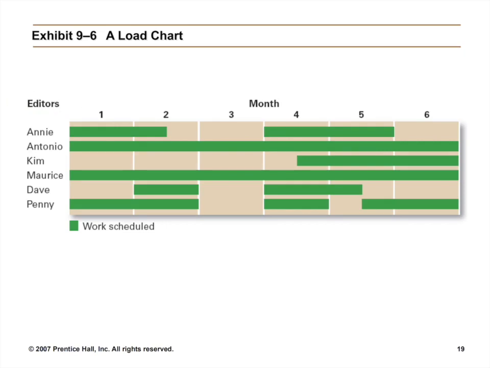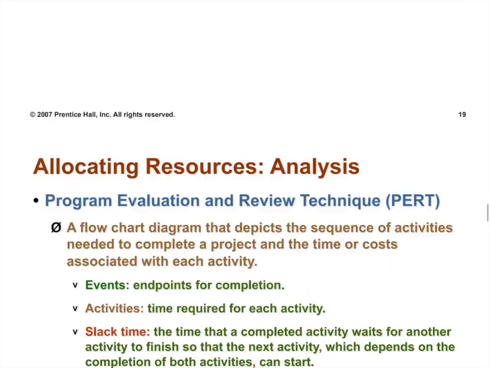And from here, we know the load of every resource. So we can design the salary, we can design the bonus and everything, because with the load chart we know the load of everybody, every resource in our organization.